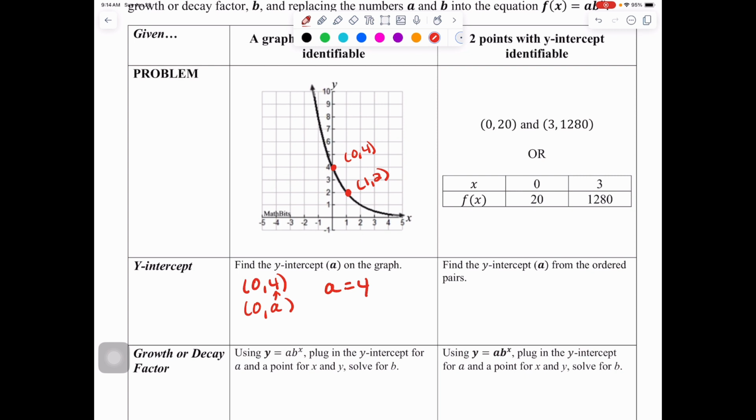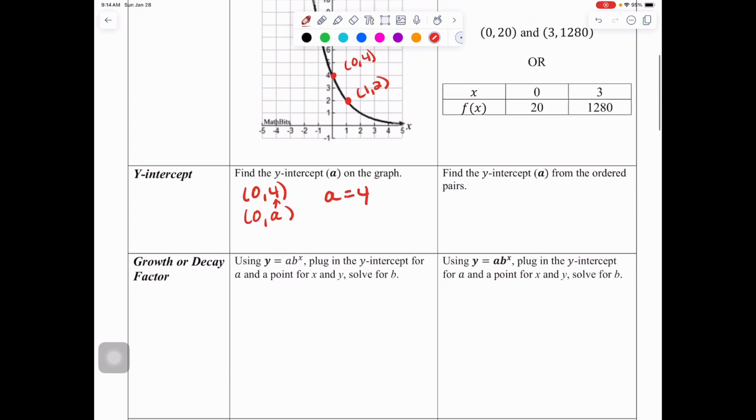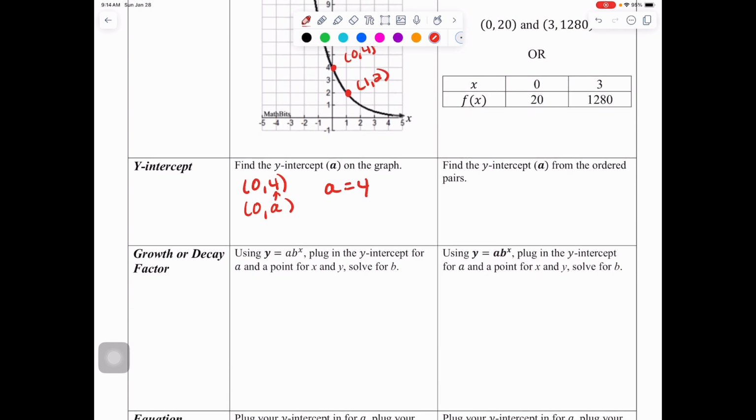Next, after finding the y-intercept, we have to find the growth or decay factor. So this is very similar to the one that we had to do for finding the y-intercept of a linear function. You have to remember that the points that we're given either on the graph or in the table are solutions. So we can use that as our x and y values in order to find other things.